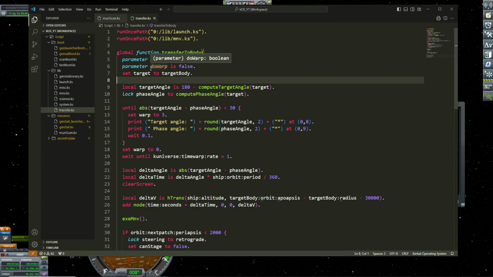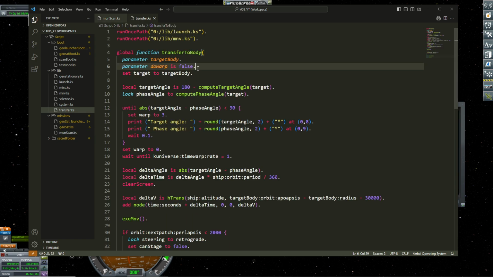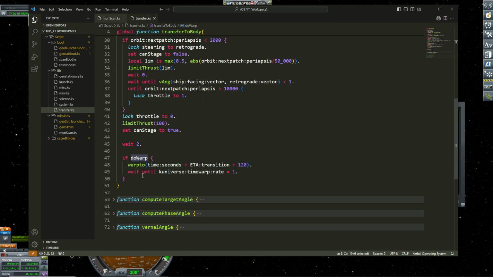Okay, and I can set my do warp. I can say it's false or true. Here I let the default value, so the do warp is false. Okay, and the do warp is just here to warp until the transition from Kerbin to Minmus plus 120 seconds.